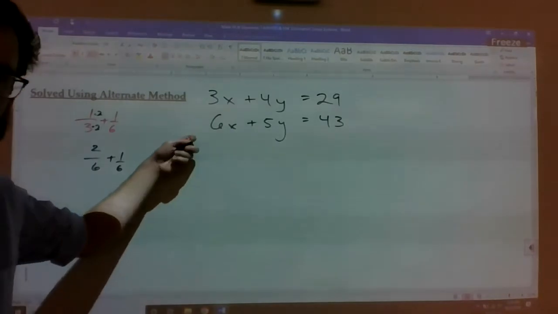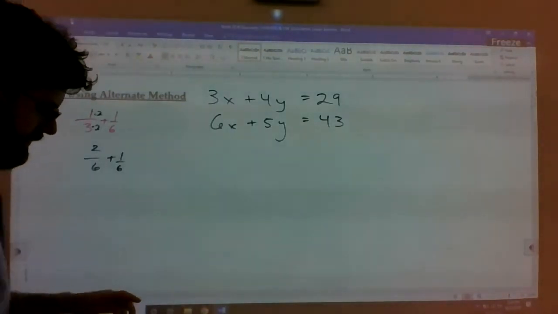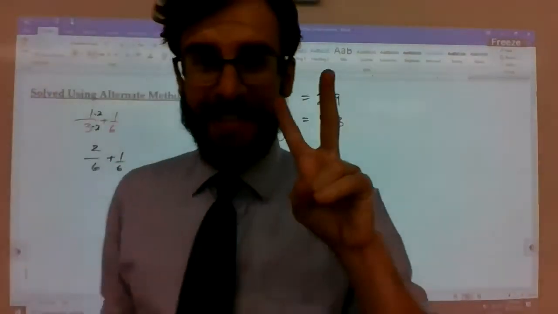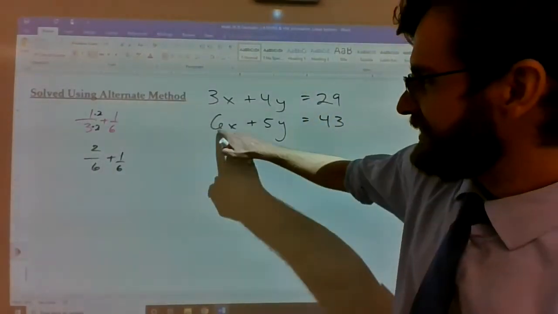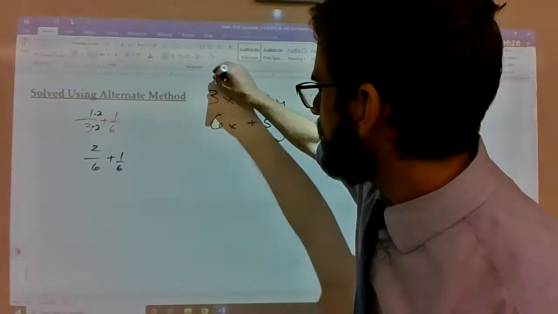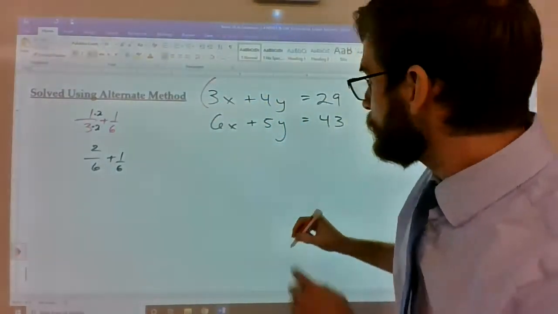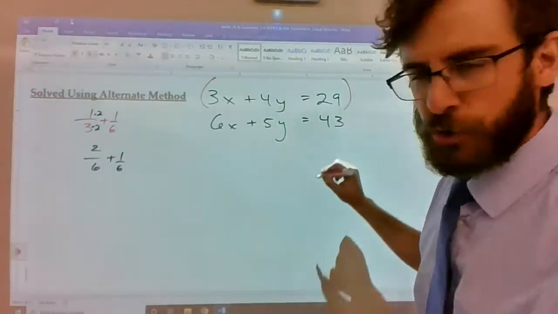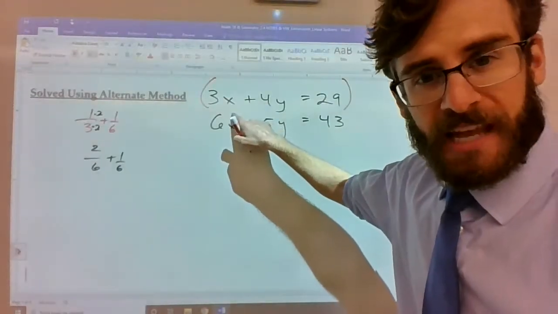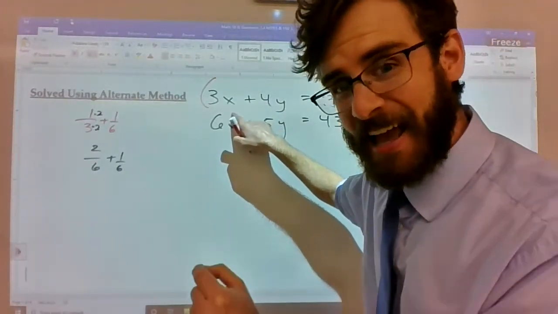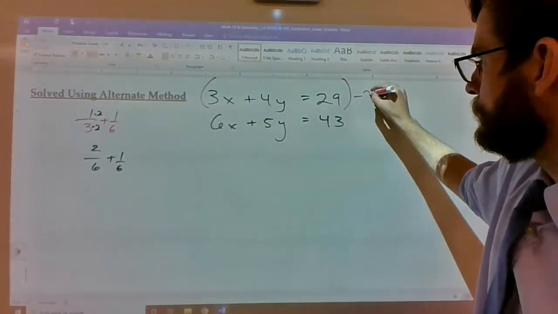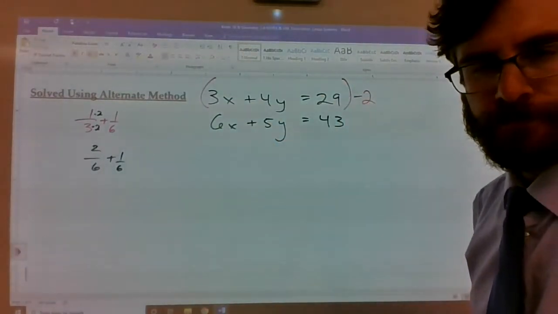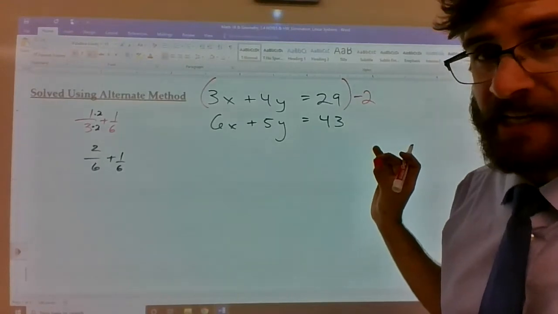Well, something similar is happening over here. The common denominator, or we'd call it the least common multiple, between 6 and 3 would be 6. So what I'm going to do is try to create a situation where the top gives me a negative 6x. So I'd multiply that by negative 2. But I've got to multiply everybody by negative 2.